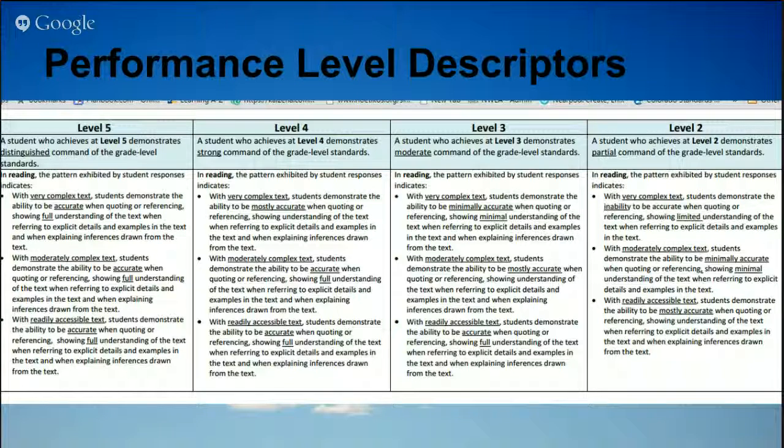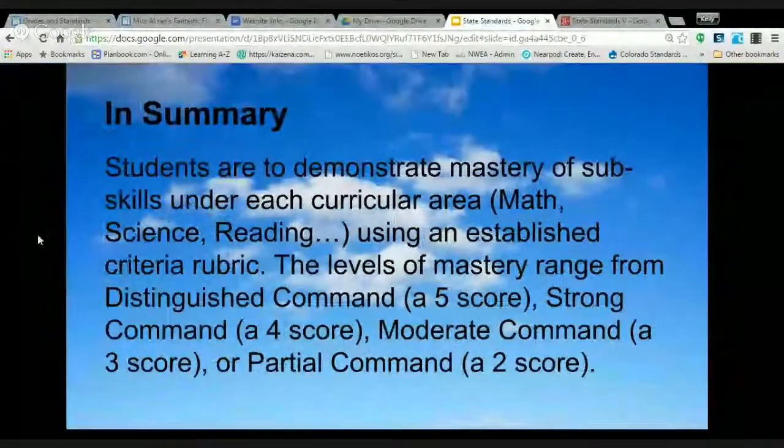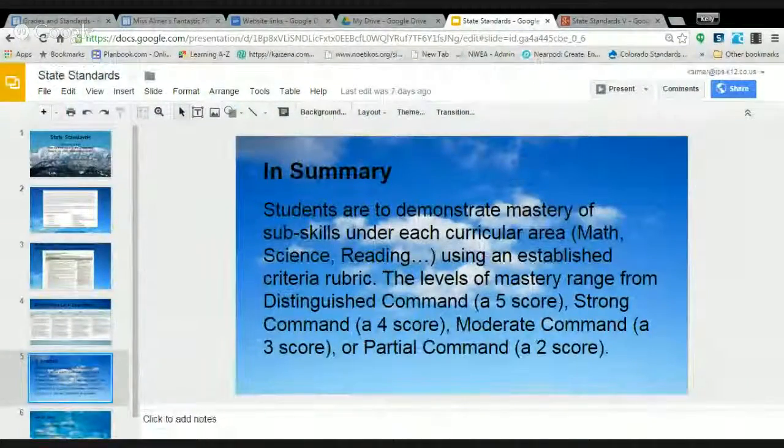They're available on the Colorado Department of Education website, and I will have a link for that on the website. And your students will always know what these are as well. Then we assess them using these performance level descriptors. That's just another way of saying, can you demonstrate everything in level 5 or level 4 or level 3 or 2? So that is my quick Google Hangout.